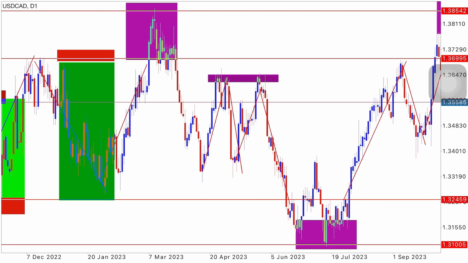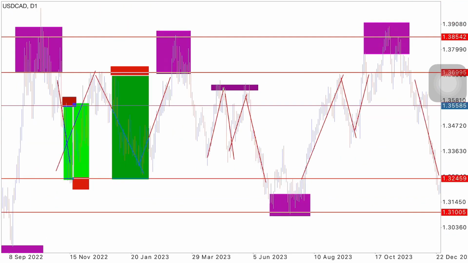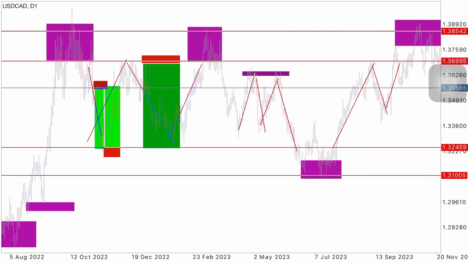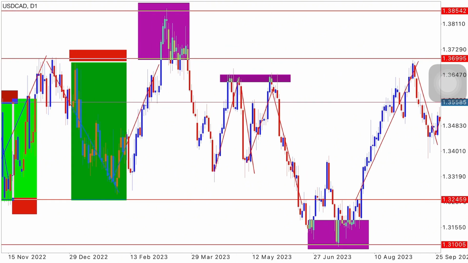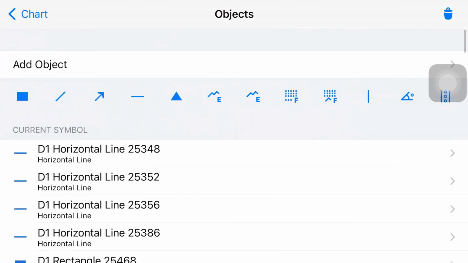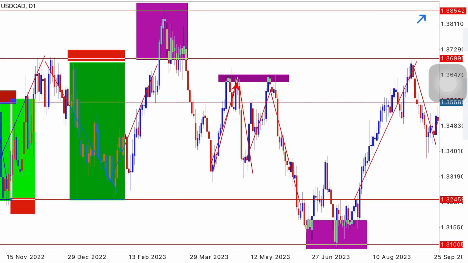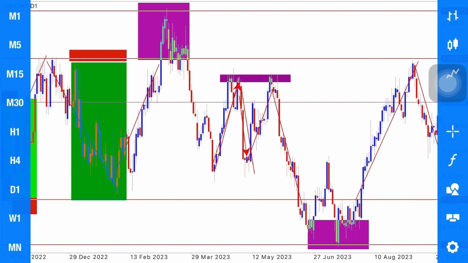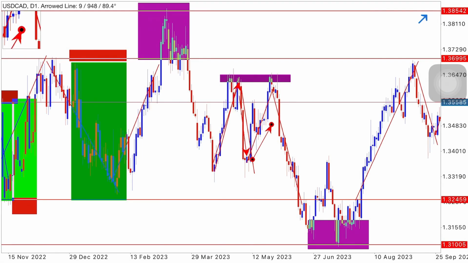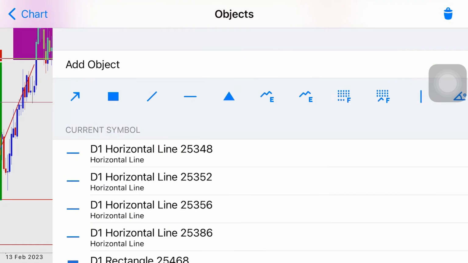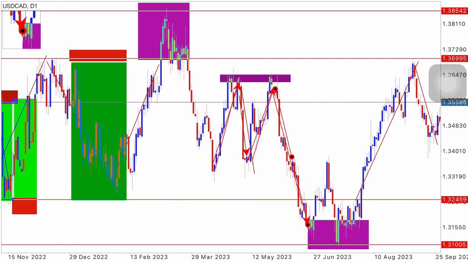Okay, as you can see, we have an M type formation here, which indicated to us that the market came from this point here, went to the upside and came to this point here, then continued to the upside and created an M type formation or a double top and continued to the downside.